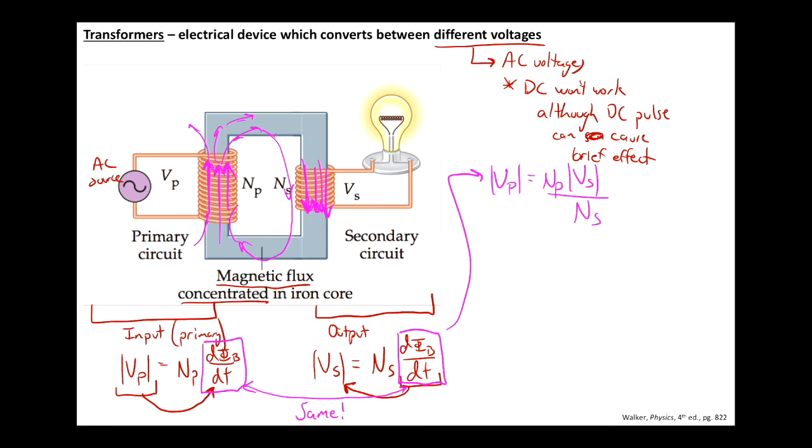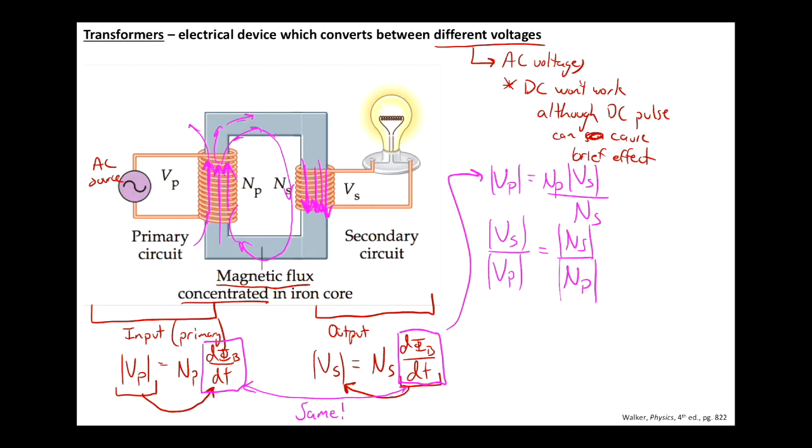And then you can make one last change to get the voltages all on one side and the number of loops on the other side. And we simply have two ratios. The ratio of the two voltages, the one that I'm putting in and the one that I'm getting out, is going to be the same as the ratio of the two numbers of loops.